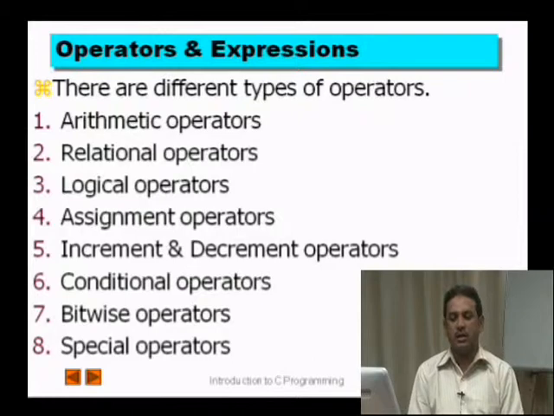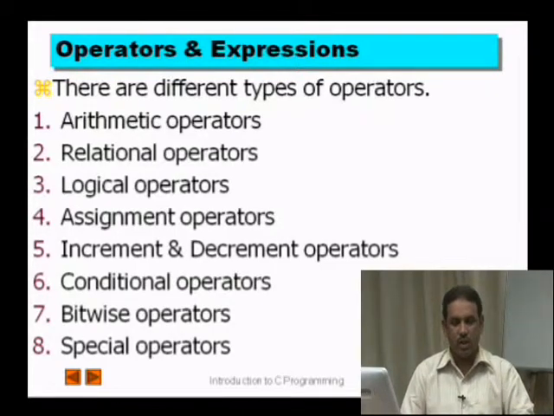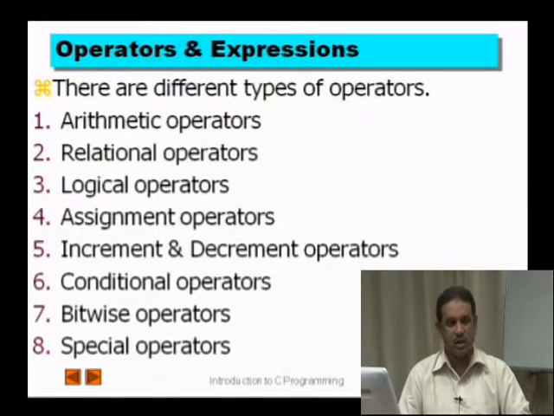Then the last one is the bitwise operators, used to manipulate individual bits. There are 5 types: bitwise and, bitwise or, exclusive or, left shift and right shift. Then the last operators we discussed are the special operators: the comma operator, sizeof operator, ampersand and asterisk for pointers, and the period operator for accessing structure members.